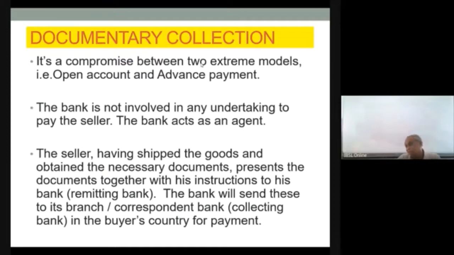So based on the instructions, Barclays Bank will send the documents to People's Bank head office. So Barclays Bank is the remitting bank. People's Bank head office is the collecting bank. Okay?